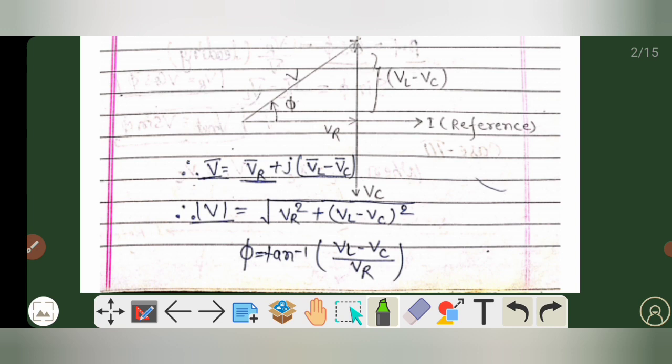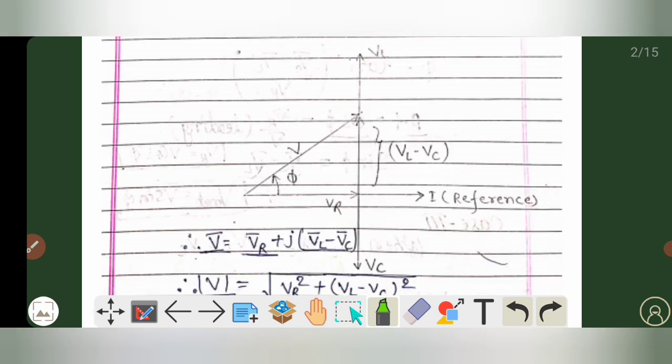So the magnitude of V will be the square root of VR squared plus (VL minus VC) squared. Now in this phasor diagram, if you want to calculate the value of tan phi, that will come out to be (VL minus VC) by VR. And if you want to calculate phi, then phi is equal to tan inverse of (VL minus VC) by VR.